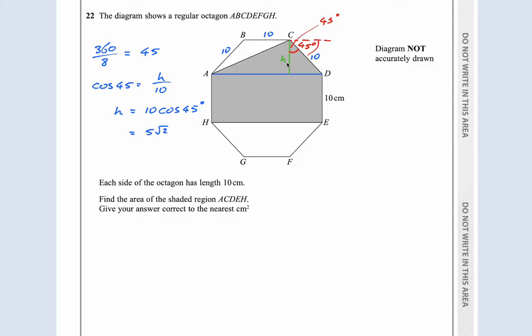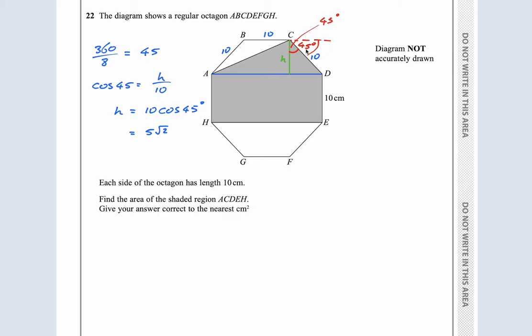So now I have this length here. What I don't have is the blue length. If I can find the blue length, I've found everything, because I can just do half base times height for this triangle, and base times height, or length times width, to get the rectangle. So I just need to now find the blue height.